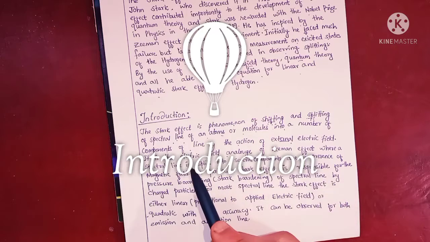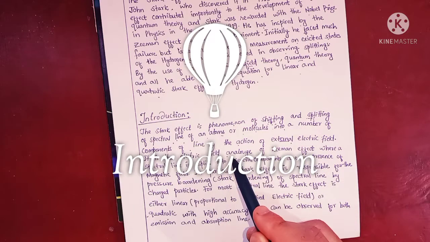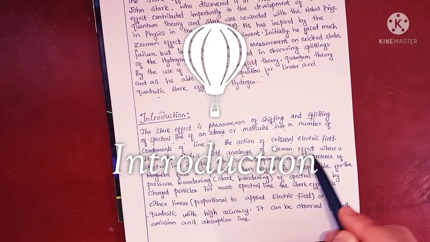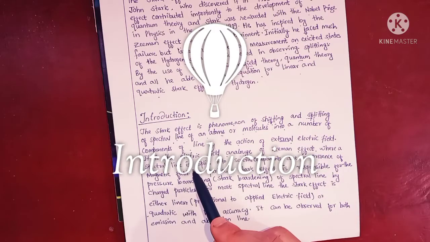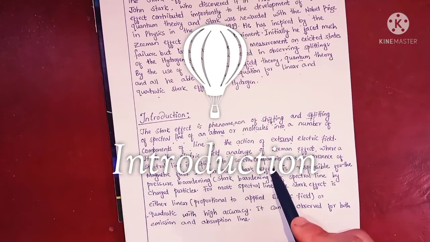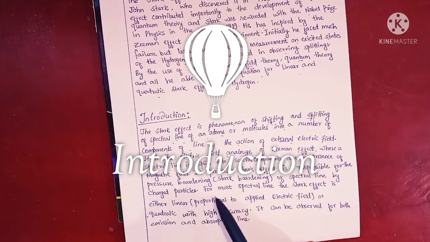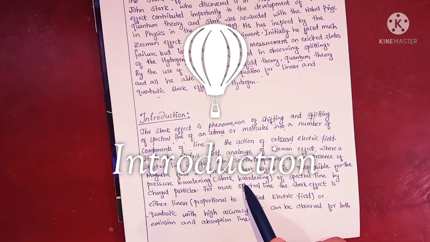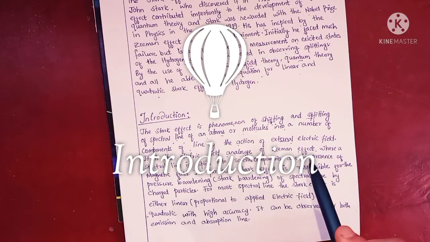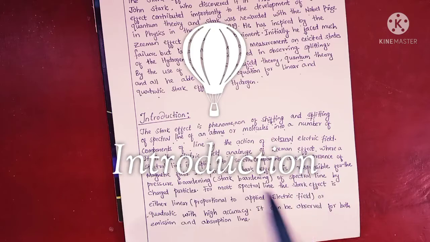That means the Stark effect is similar to the Zeeman effect, in which the spectral line splits into several components due to the presence of a magnetic field. But in the Stark effect, by the action of an external electric field, the spectral line splits into different components.